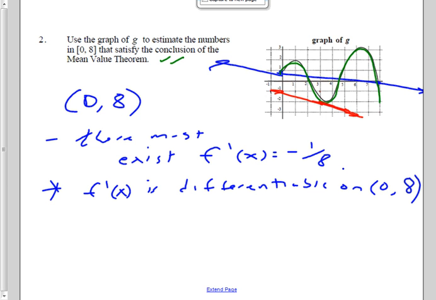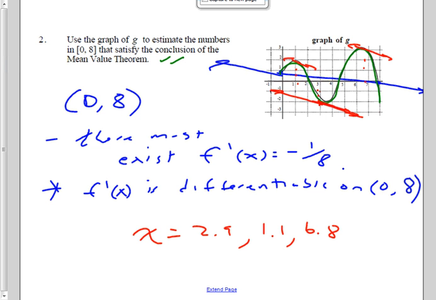So down there, roughly when x equals maybe 2.9, 1.1, and 6.8. And those are just rough approximations.